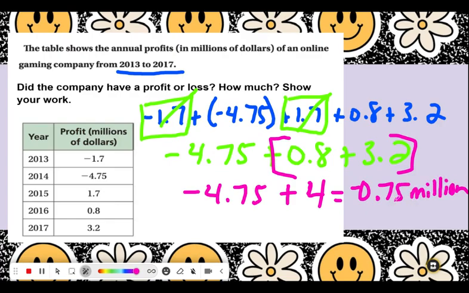So there is a loss. The company had a loss of $0.75 million, or you can say 750,000 because you can move your decimal 6 times to the right. They lost $750,000. I hope this helped you understand adding and subtracting rational numbers.